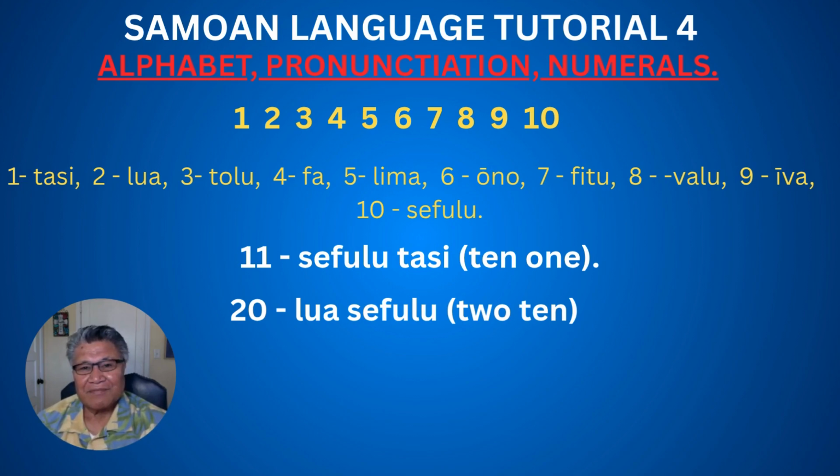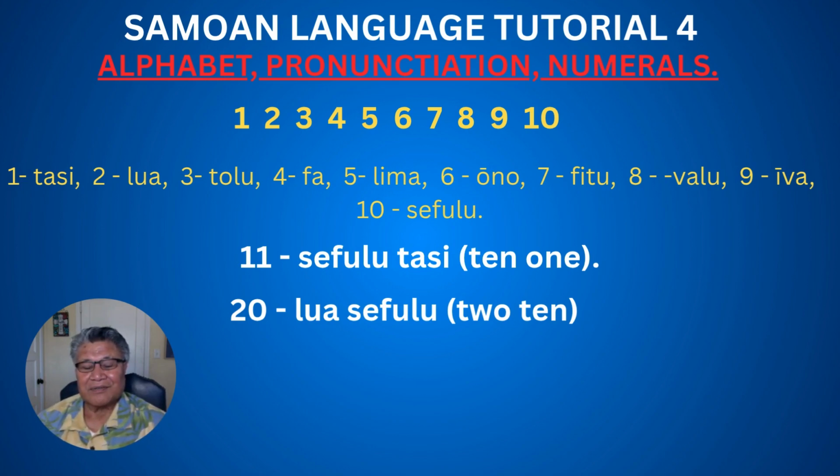Now, 11 is sefulu tasi. 11 is 10, 1. 12 is 10, 2. 13 is 10, 3. It goes on to 20. And 20 is 2, 10: lua sefulu. And then tolu sefulu, 30. Fa sefulu, 40. Lima sefulu, 50. So you see it says 5, 10.